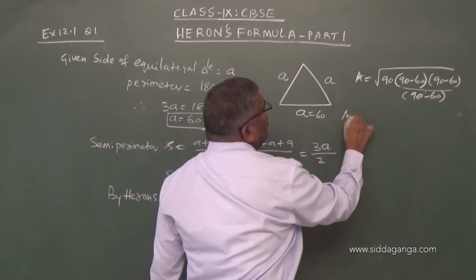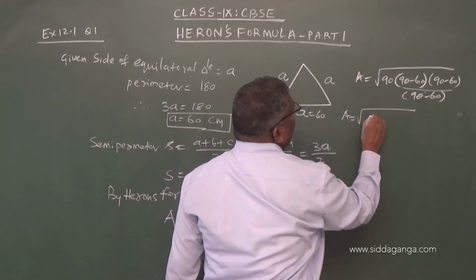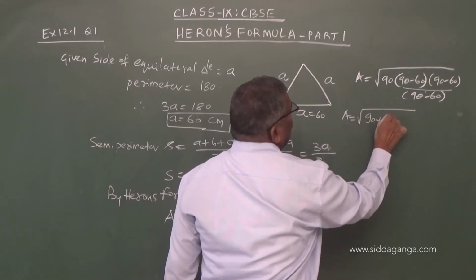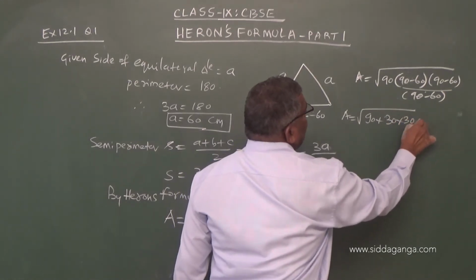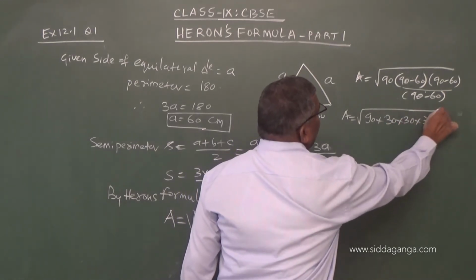So area equals square root of 90 into 30 into 30 into 30.